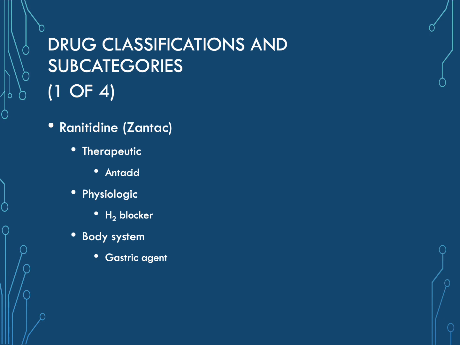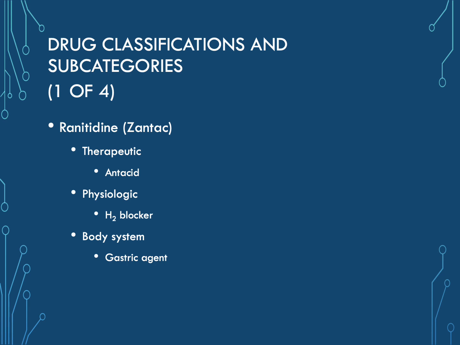Therapeutically, it's an antacid. Physiologically, it's an H2 blocker. Remember, that has to do with the production of gastric acid. It blocks that. And as a body system, it is a gastric agent. So drugs can fall under more than one classification.